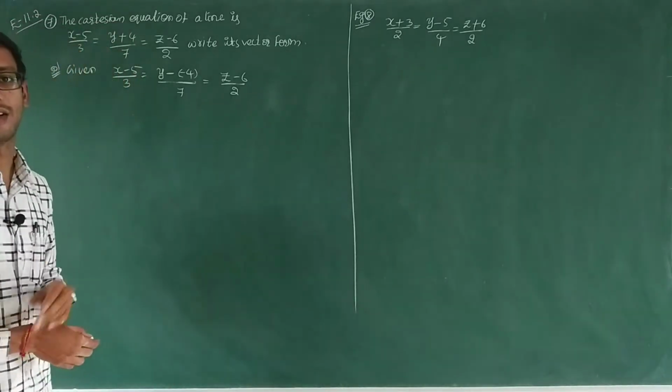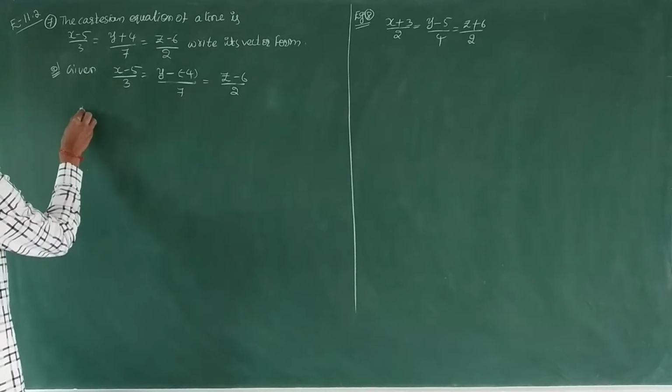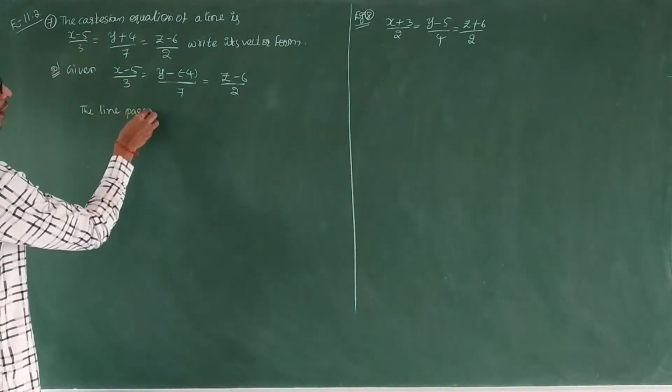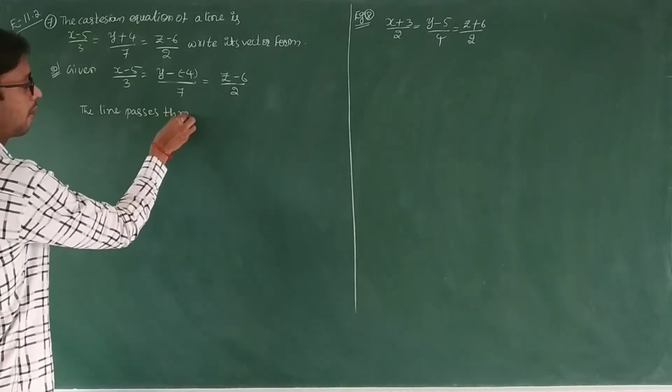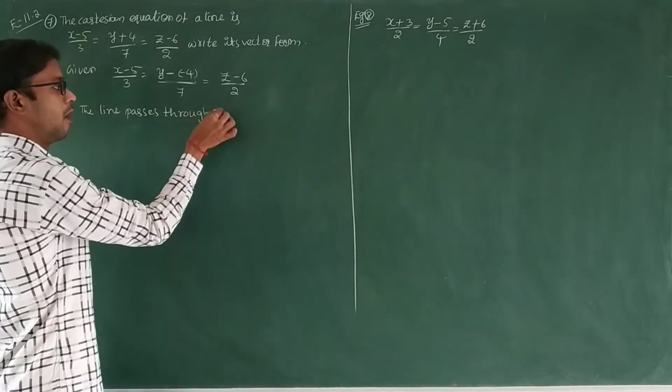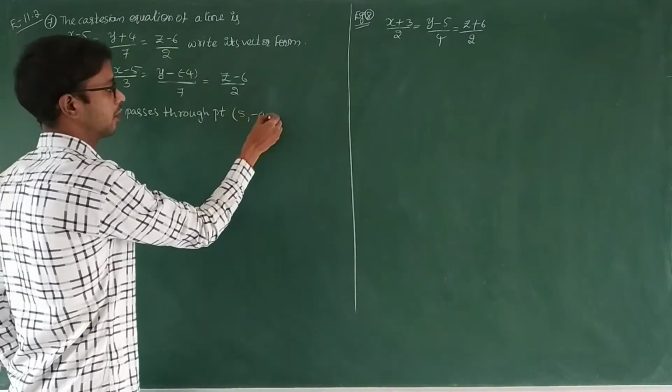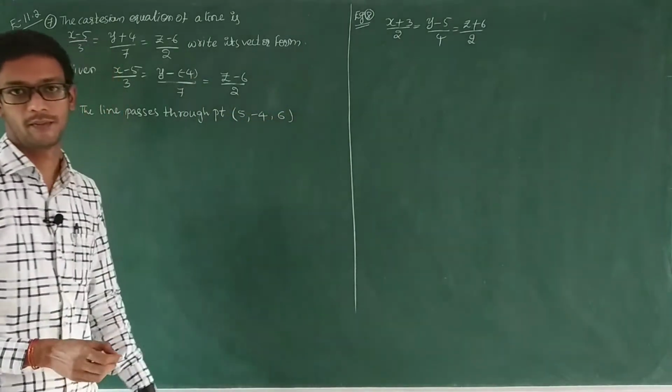You can write it like that also. Otherwise, directly, the line passes through the point x1 = 5, y1 = -4, z1 = 6.